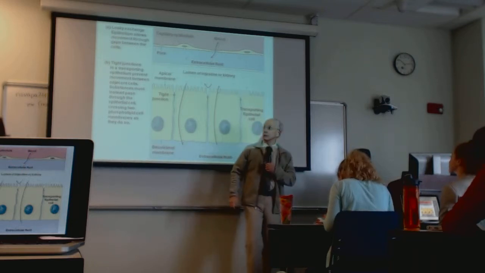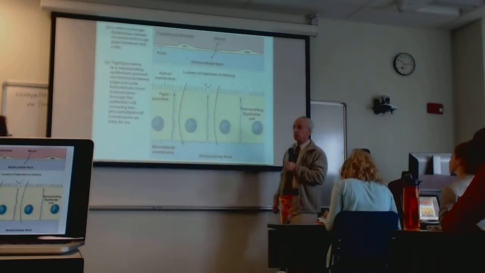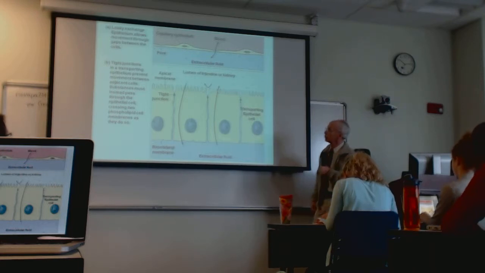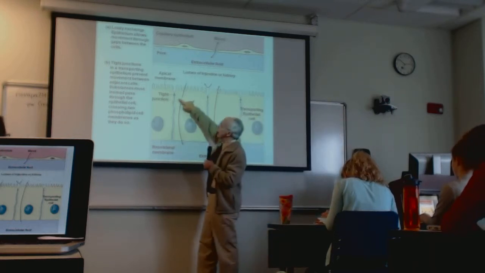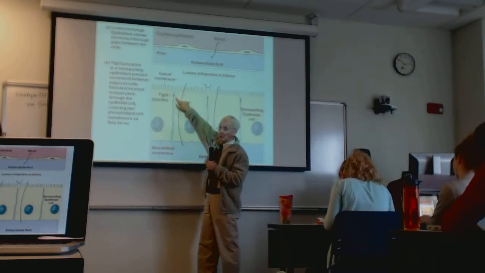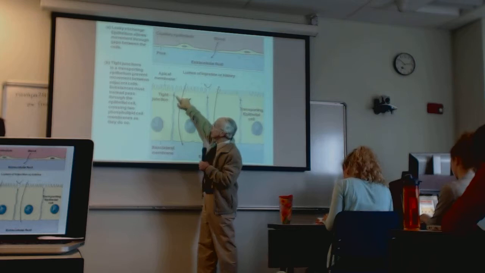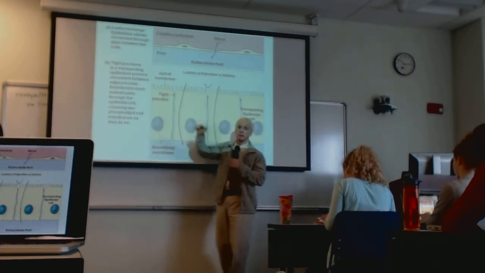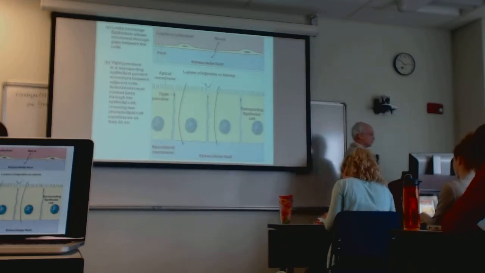And those tight junctions, as you can see, tend to be clustered toward the apical surface. And they effectively prevent, I don't think it's in the slides anywhere, so you may want to write this down, paracellular movement of substances between the epithelial cells.